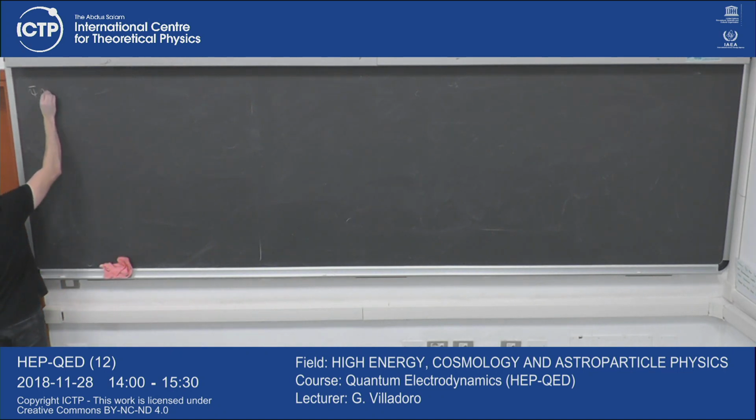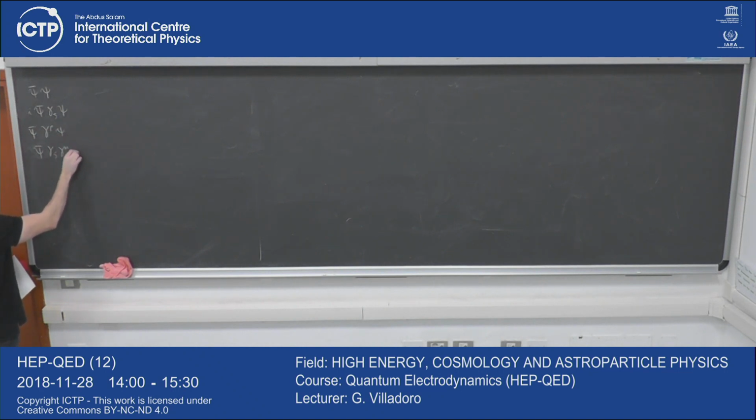You get psi bar psi. You can have i psi bar gamma five psi. I put the i because I want the hermitian operator. You have a vector, gamma five gamma mu, and you can have the tensor, the commutator, right? Gamma mu gamma nu, psi.